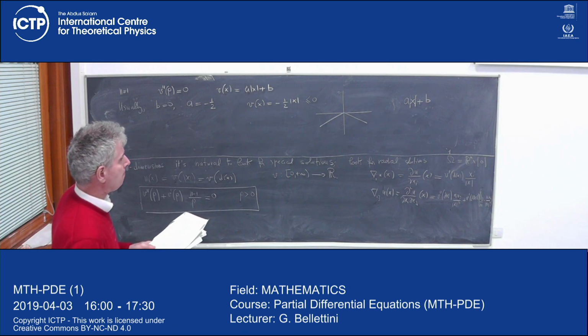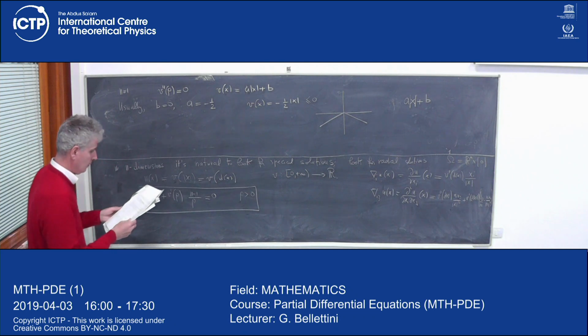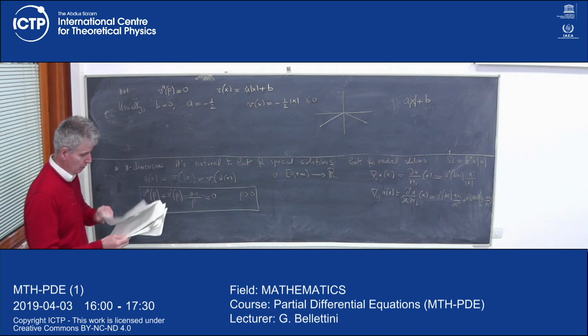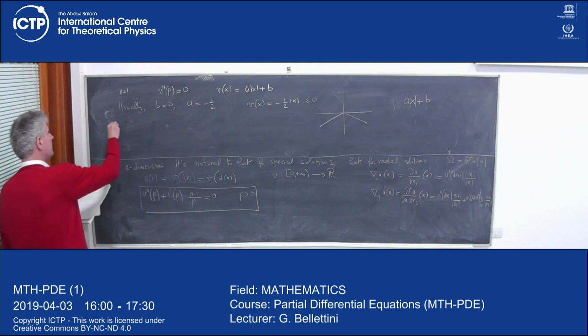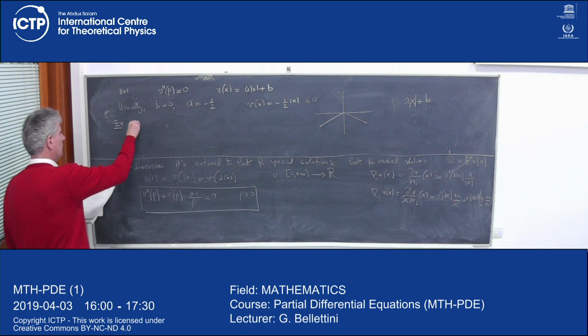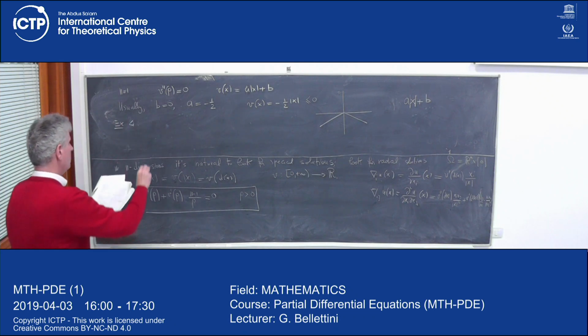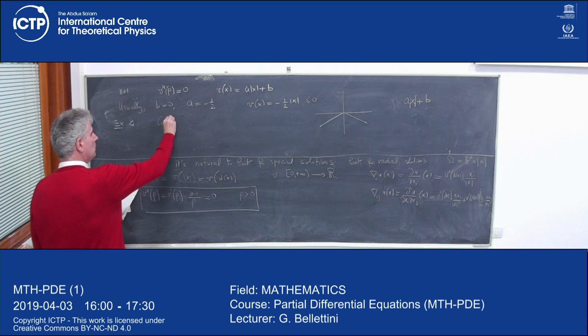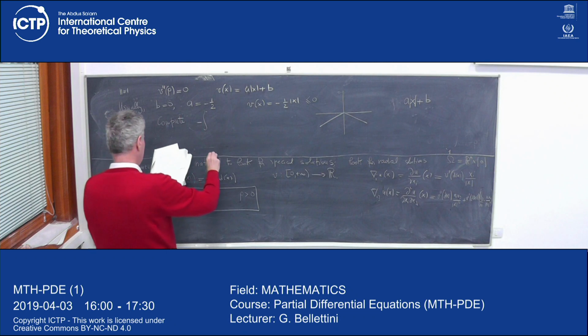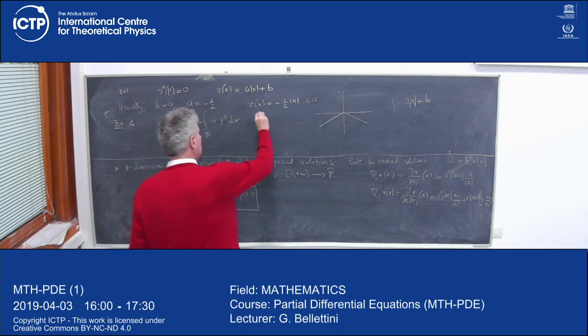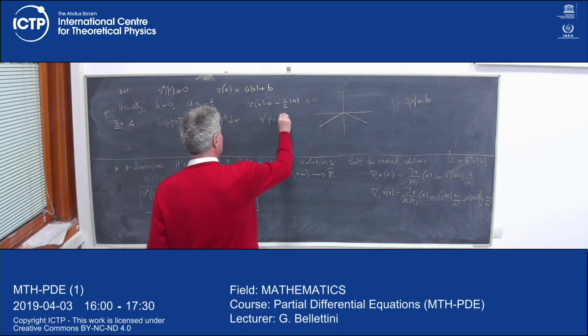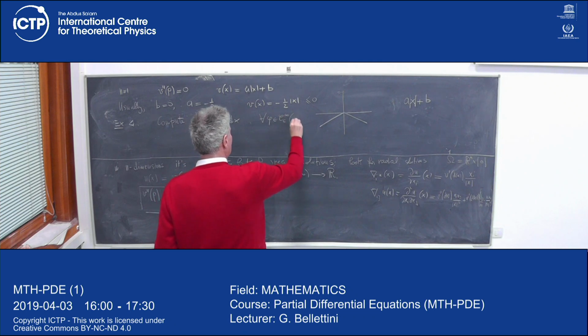So, exercise 4, maybe. Compute minus the integral of v phi second dx for any phi smooth with compact support.